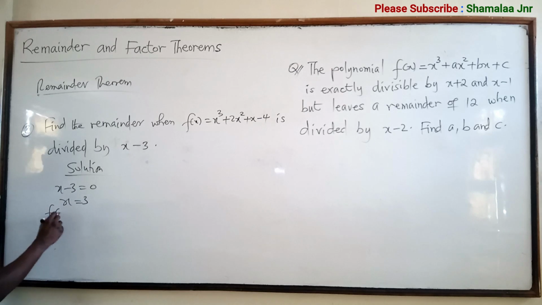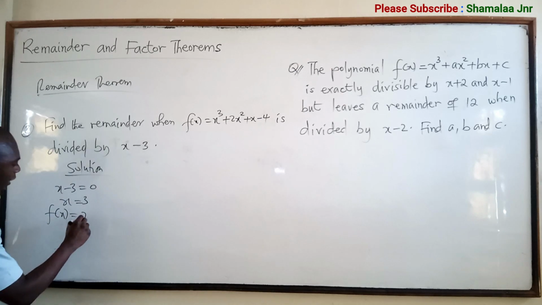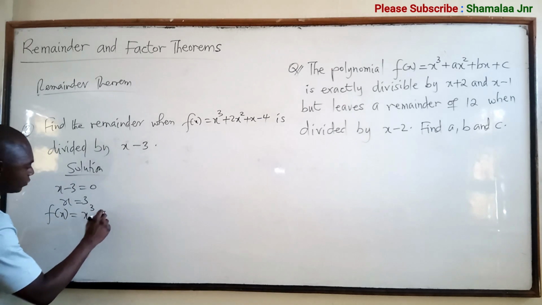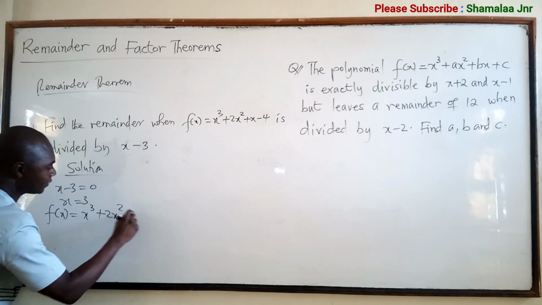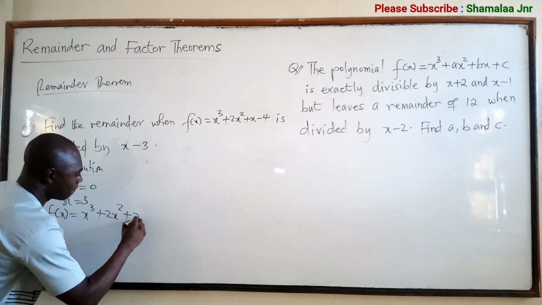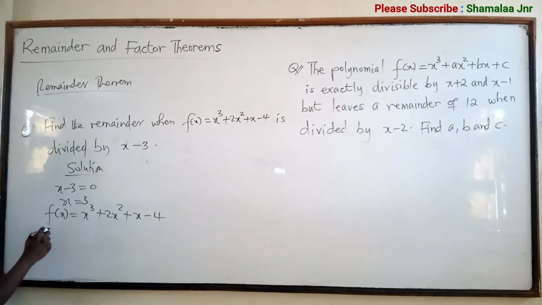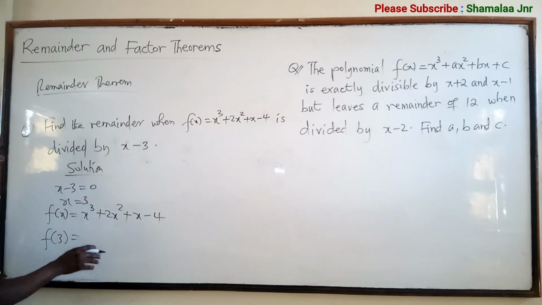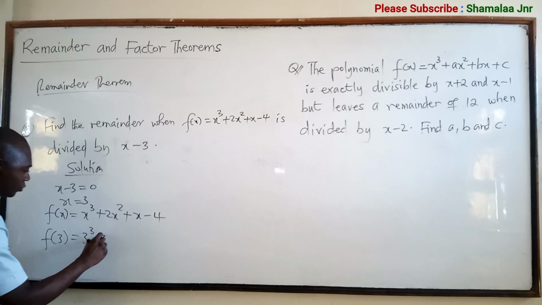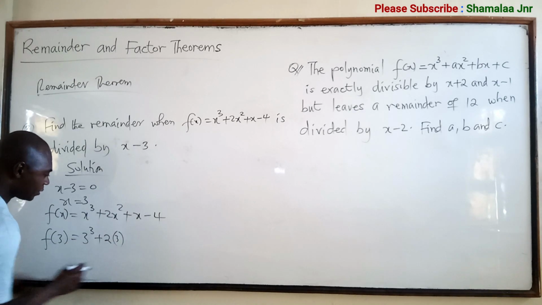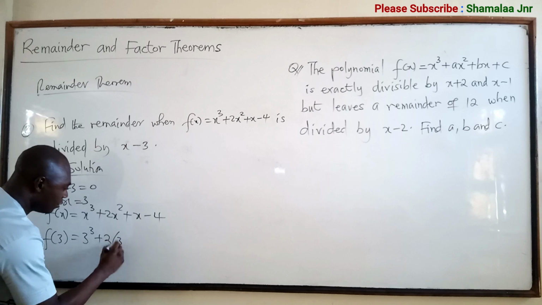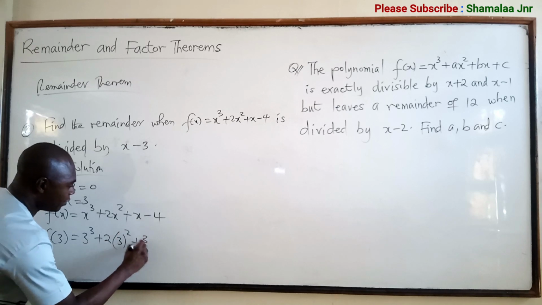Now we have f of x is equal to x cubed plus 2x squared plus x minus 4. So by the remainder theorem, f of 3 should give us the remainder. So 3 cubed plus 2 times 3 squared plus 3 minus 4.